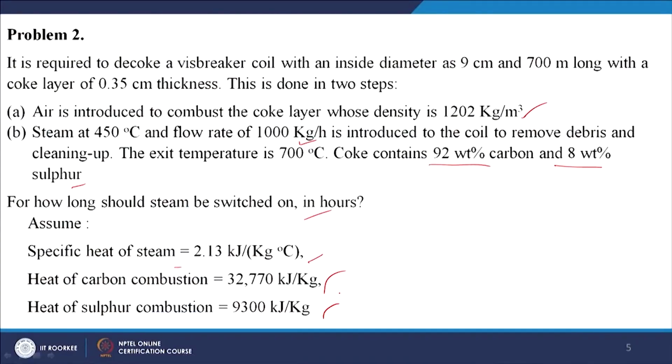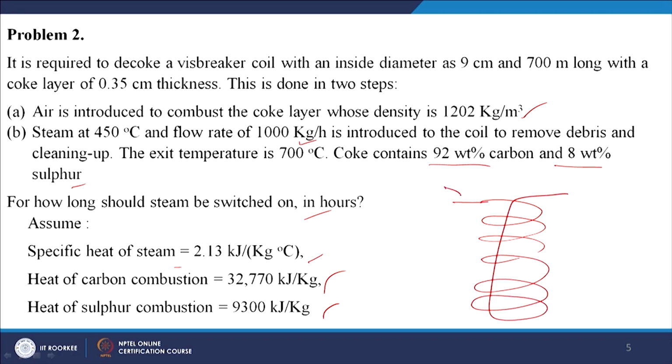So, this problem is related to vis breaking. In vis breaking we have a coil, say. Here we are giving feed in, and this is the product out, say in and out. So, here the diameter of this, if we take some part of it, this part, it will be like this.